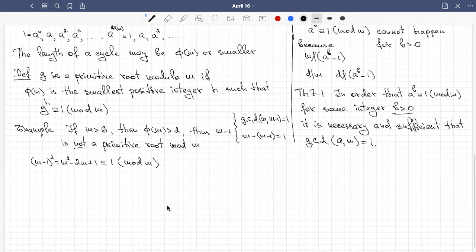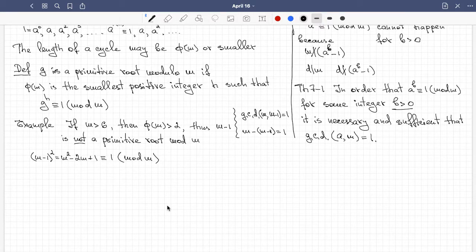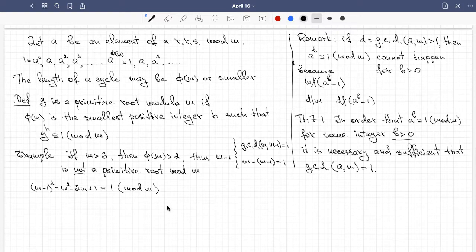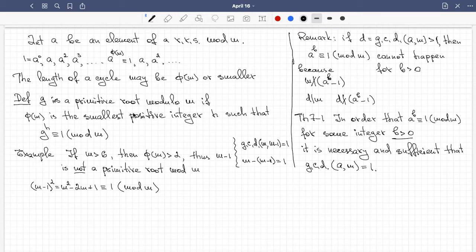The book at this point uses a different language, and they introduce this definition a little bit differently. I will briefly tell you about the language used in the book.